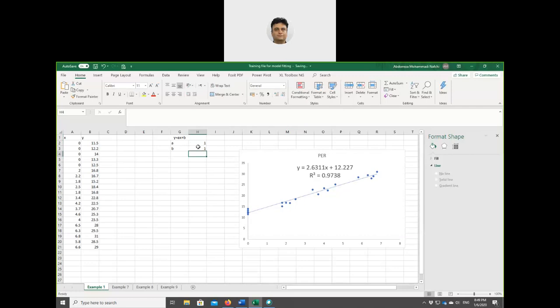This guessing basically comes from the background of the research, and I will show it in the next example. Sometimes you cannot easily guess. You need to have some background about the data, what is the range of a or b, or the other constants. So I guess here 1 and 1, for example.